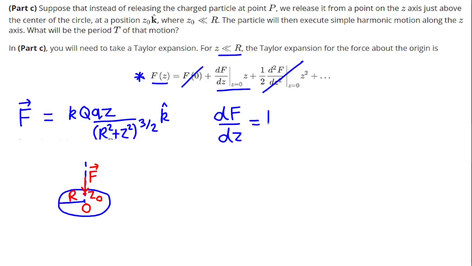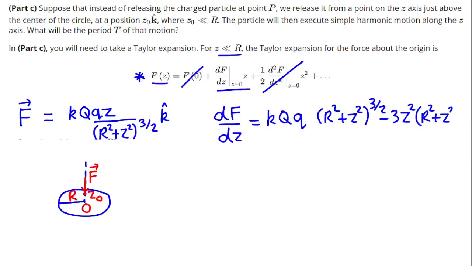we have kq times q being constant, and using the quotient rule, we have the lower term being (r squared plus z squared) to the 3 on 2 times the derivative of the higher term, which is 1, and minus the upper term times the derivative of the lower term, which is 3z squared times (r squared plus z squared) to the 1/2, over the square of the term in the denominator.